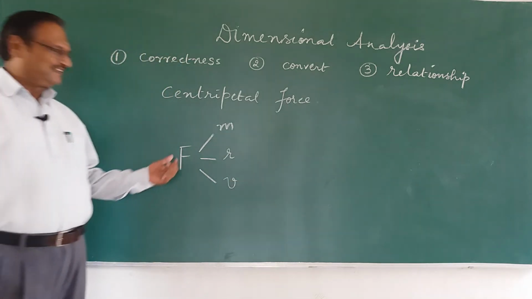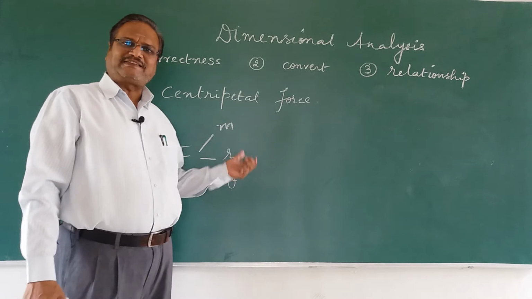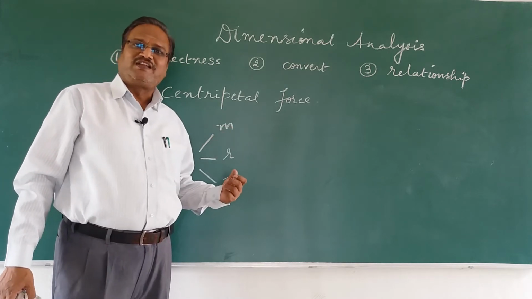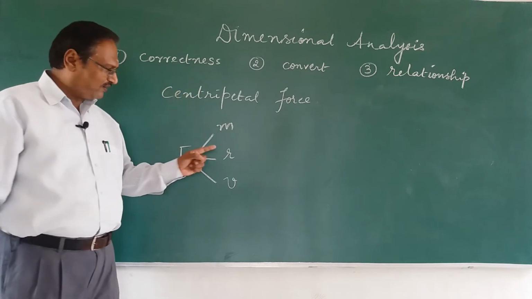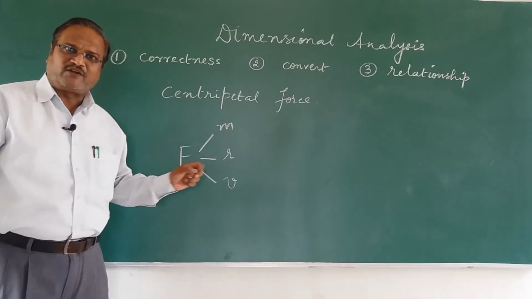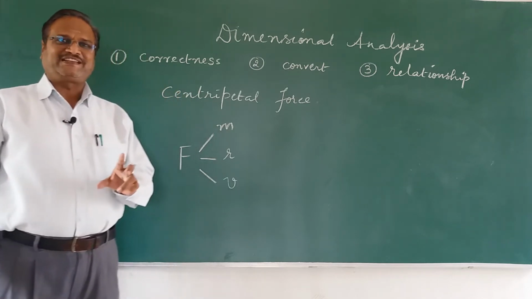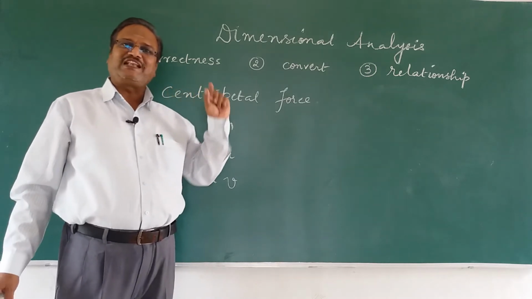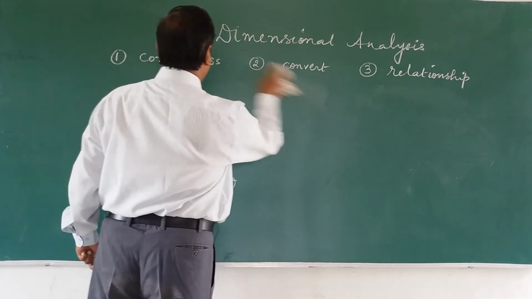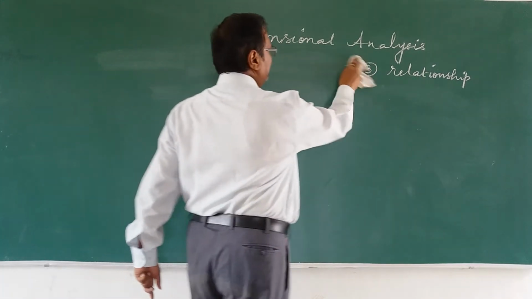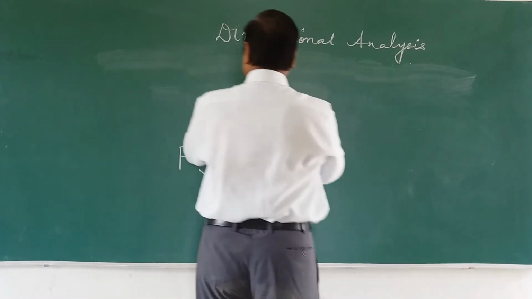We take these as the factors this force may depend on. Then we form a dimensional equation. You see what I am doing now? I am going to form a dimensional equation.